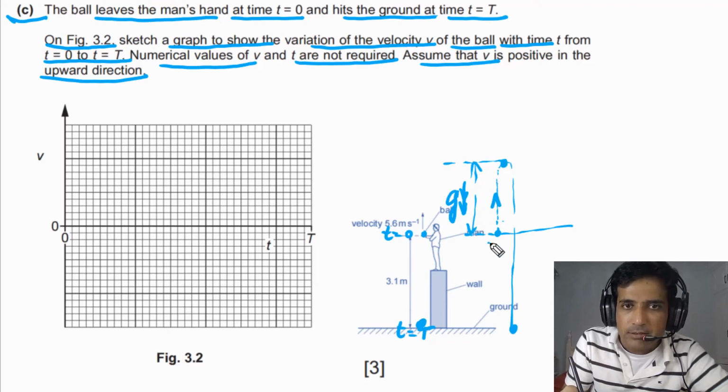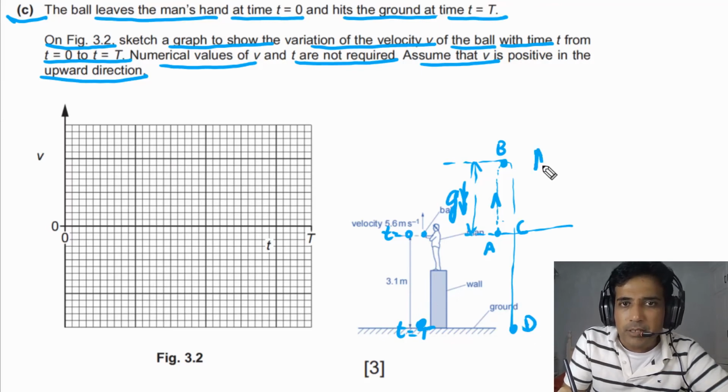Let's say this is point A and this one is point B, and this is point C, and let's say this is point D. Between A and B, the ball will slow down, so its speed will decrease, and at B, the speed of the ball will be equal to 0.